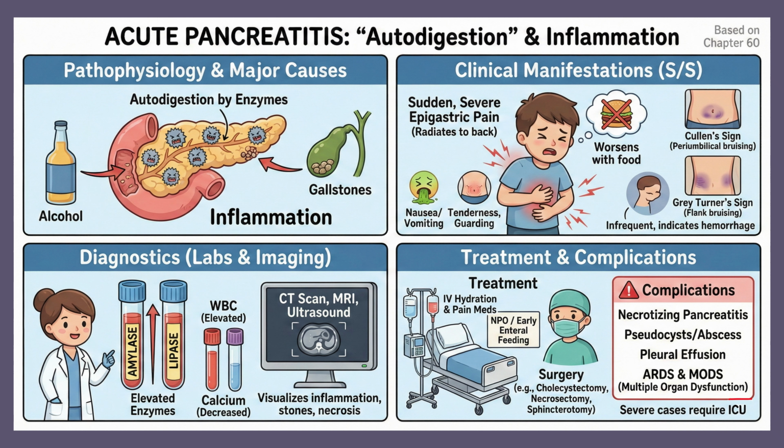For severe cases, ICU management is essential due to the risk of hypovolemic shock, pulmonary compromise, renal failure, and GI bleeding. Antibiotics are generally not indicated for fever in acute pancreatitis unless necrotizing pancreatitis is confirmed, as fevers are often inflammatory rather than infectious.